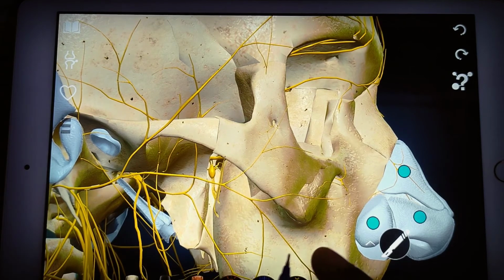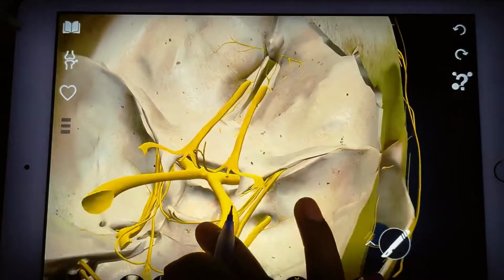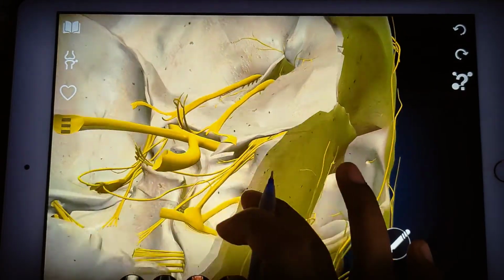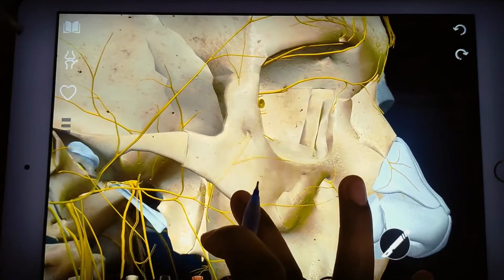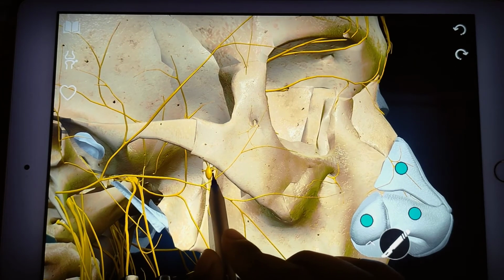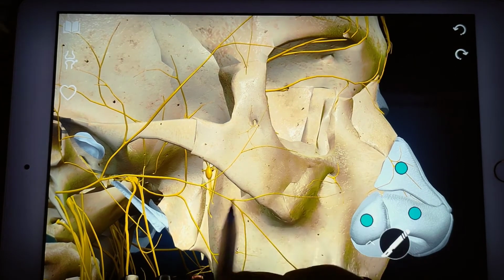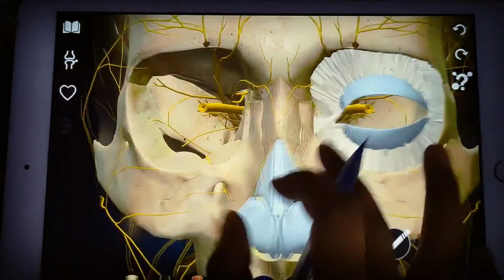These two combine to form the median nerve, which comes from the root of the sphenoid bone and goes to the pterygopalatine ganglion, where the parasympathetic one relays. This is the sphenopalatine ganglion, and it goes to the nose through the lateral wall of the nose and supplies the interior of the nose.